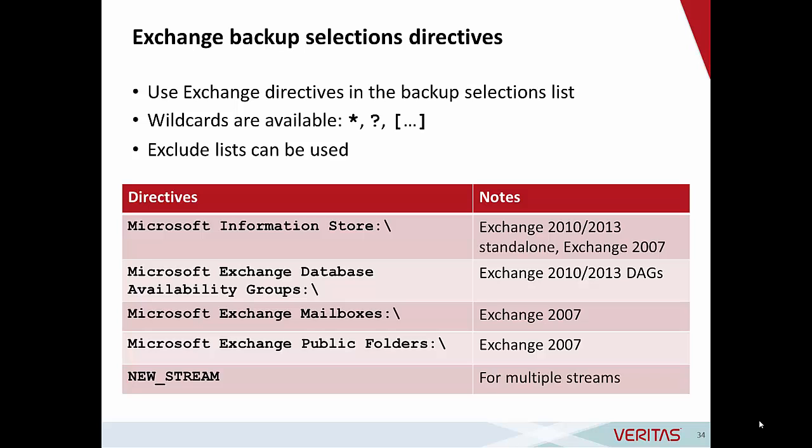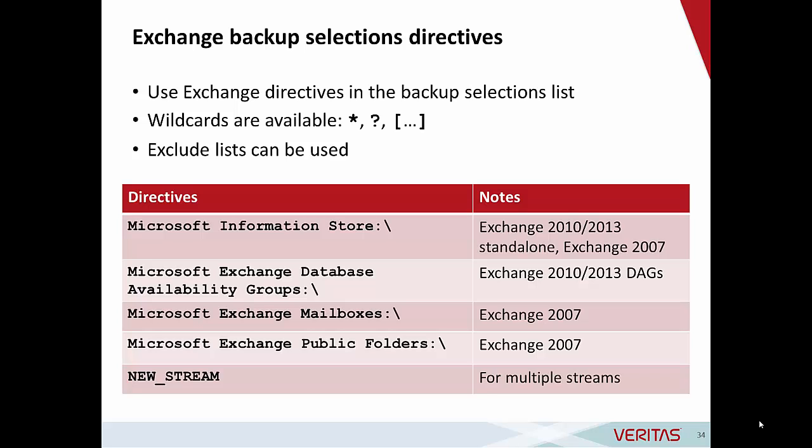Microsoft Exchange Database Availability Groups will back up all of the DAGs on an Exchange 2010 or later. The Exchange mailboxes and Exchange public folders is only used if you're using an old version of Exchange using the older MAPI style backups. For GRT backups, we would just back up the information store.